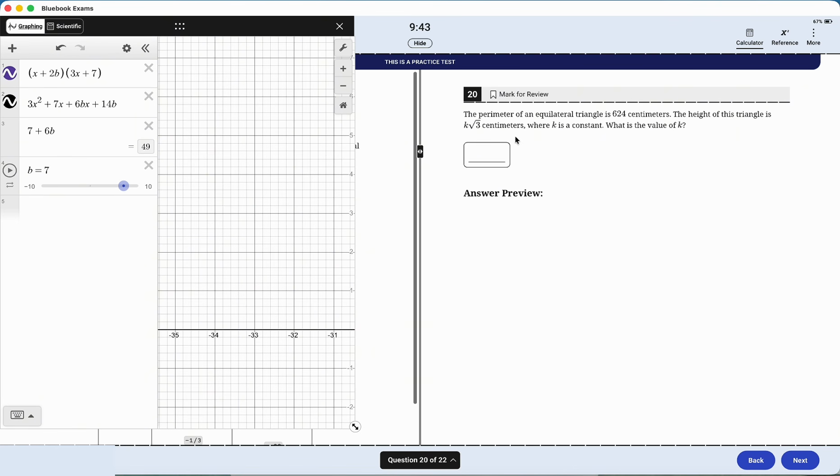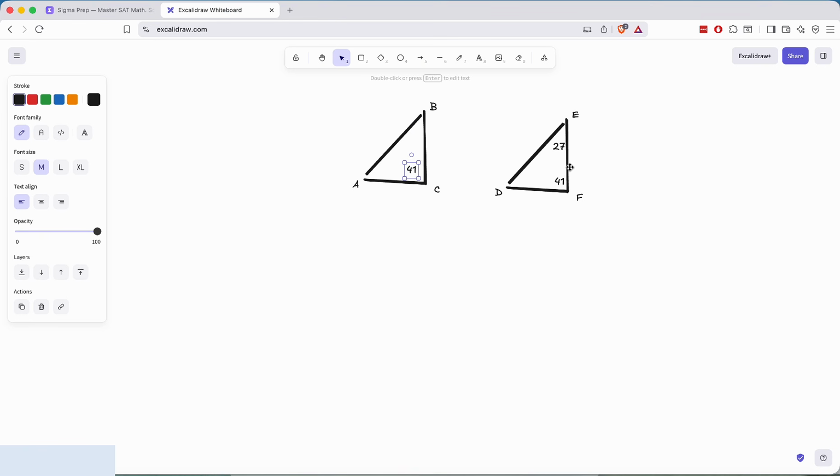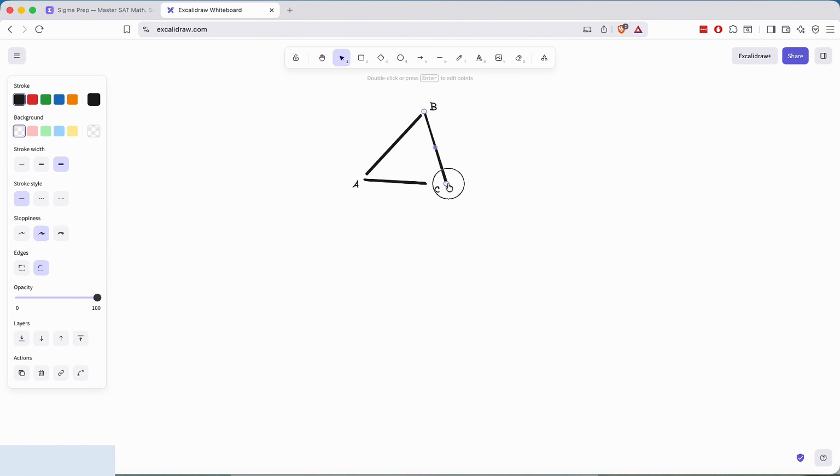The height is k square root 3, where k is a constant. What is the value of k? So another geometry one. This one has a lot of geometry that we have to sketch out, right? So let me take one of these away and change it a little bit, because it says it's equilateral. So maybe it looks more like this. If it's equilateral, that means all the sides are the same.